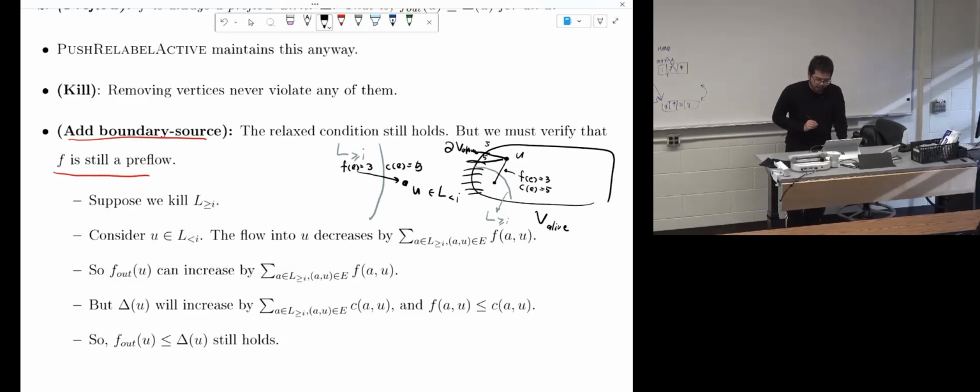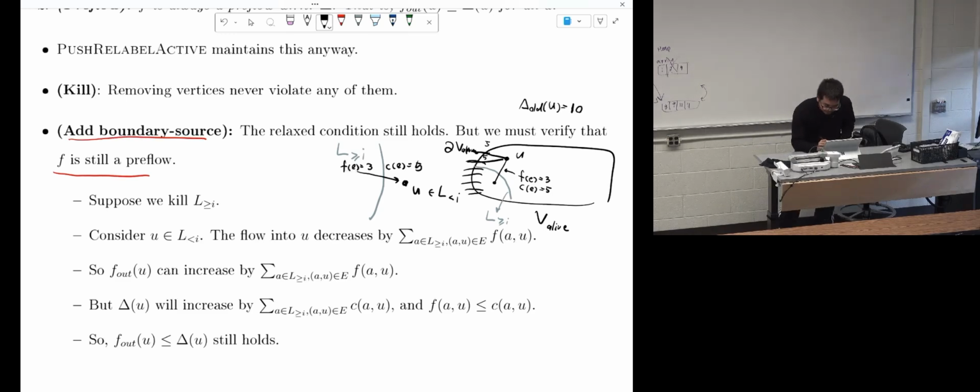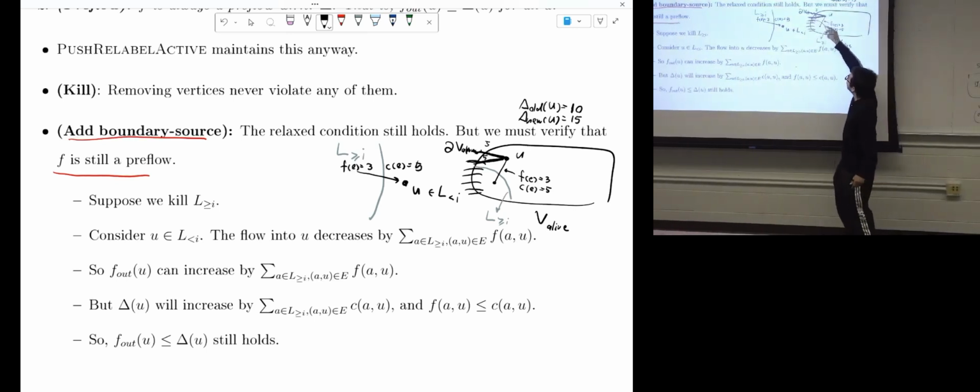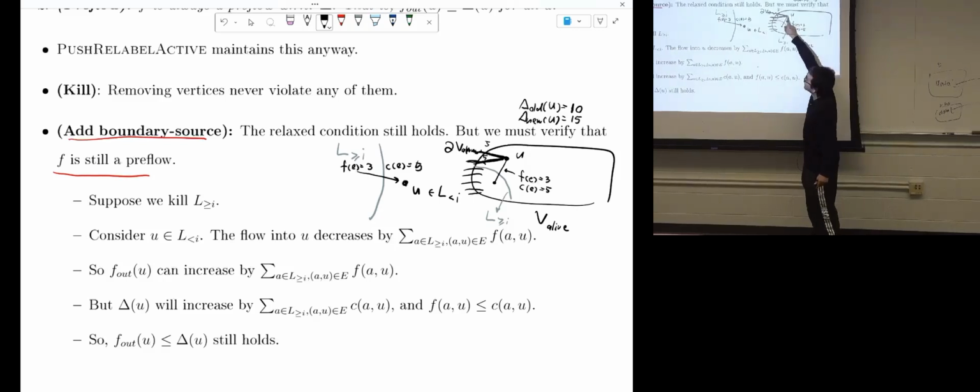So the old source at U is 10, because the source at U corresponds to the old battery of 10 here. But the new source at U is now 15, because when I remove this edge, it contributes to the source at U.